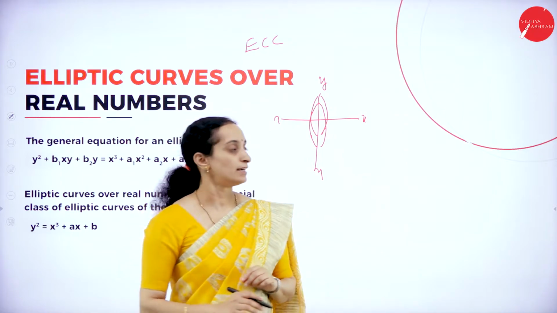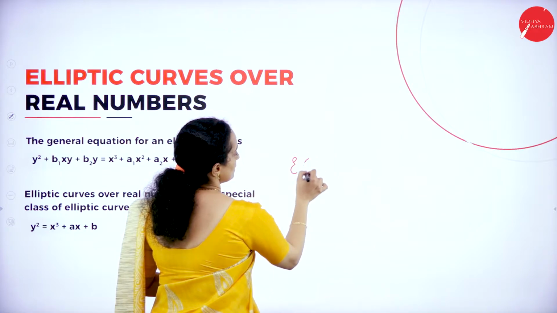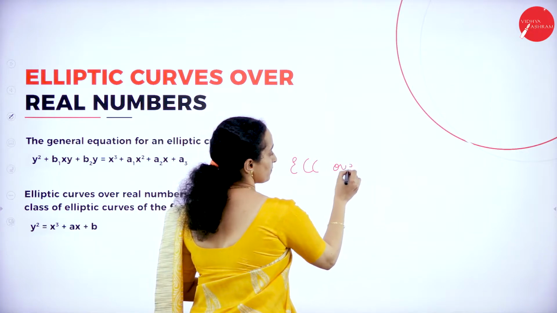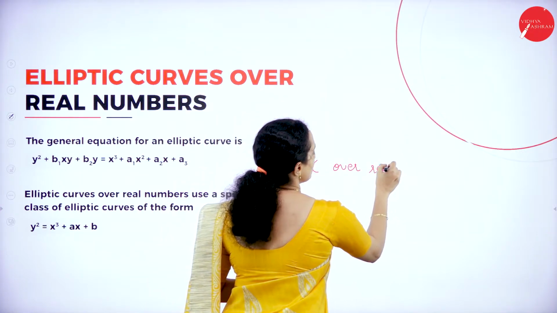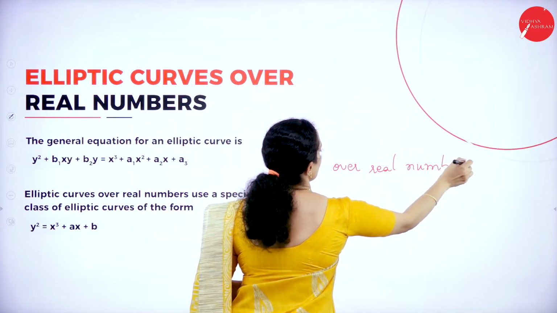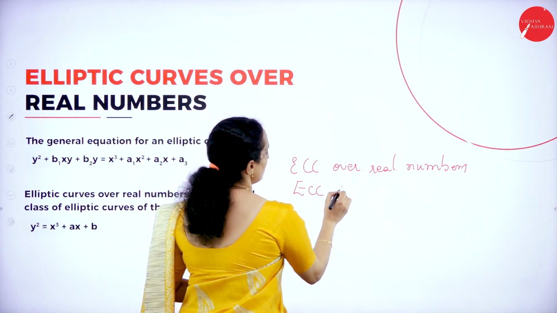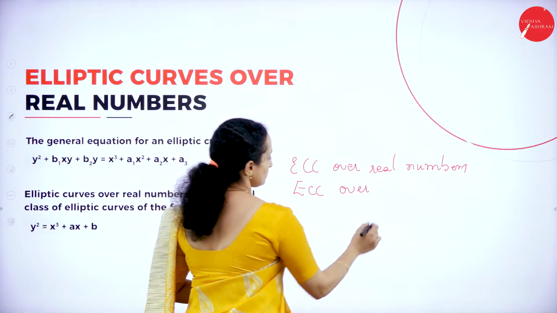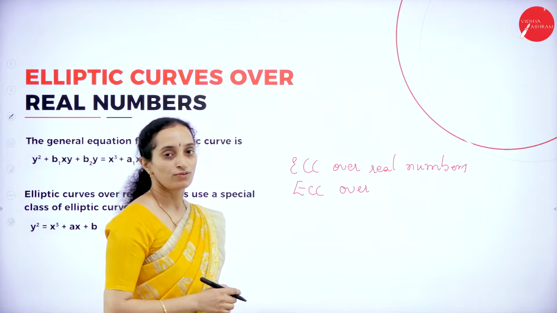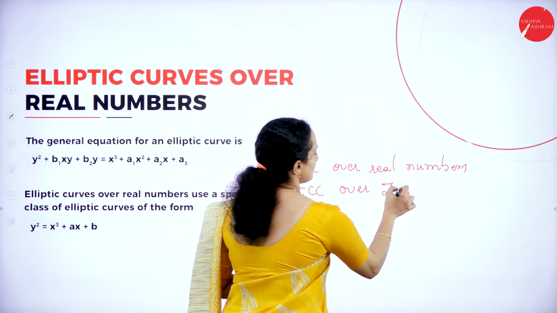First, elliptic curve cryptography over real numbers, where we are going to implement the ECC. Second is the elliptic curve crypto system over the set of primes, that is called Zp.